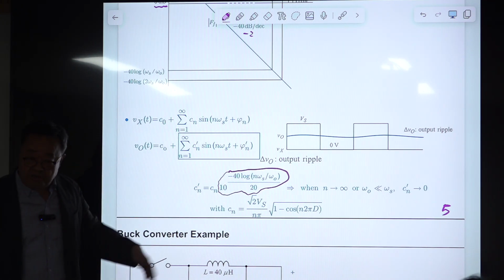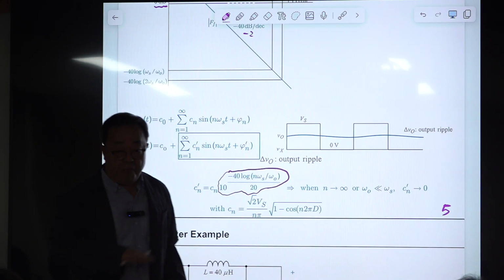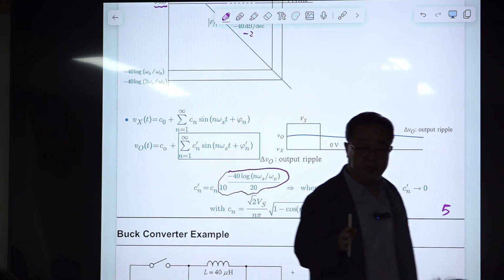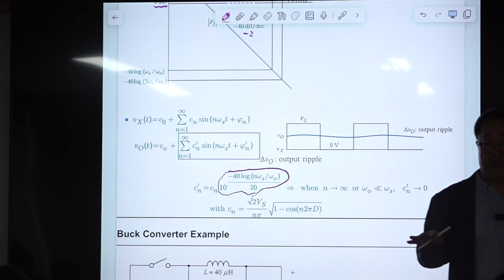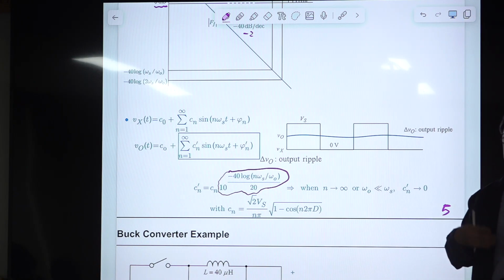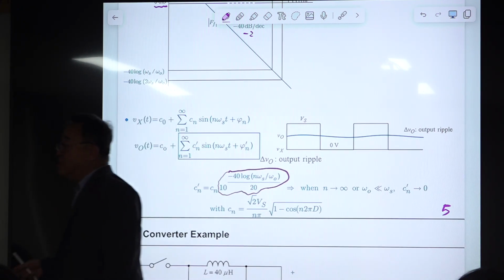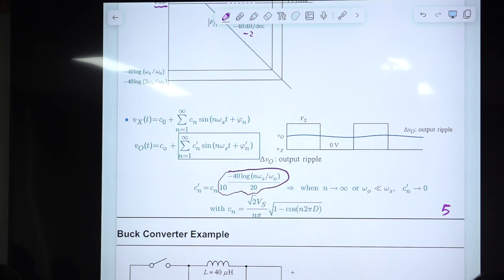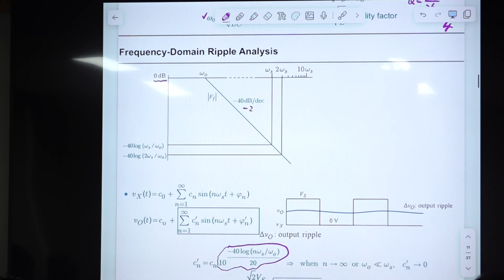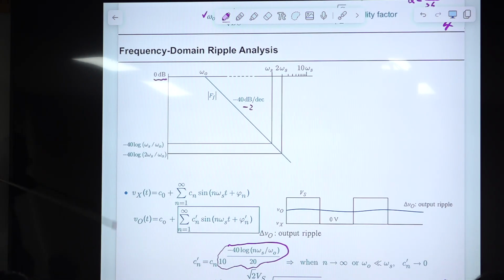Then you have the coefficient of the harmonic component in the output, and from that you can evaluate the ripple component. Usually you don't have to do this, but to understand the theoretical background of DC power conversion, maybe this practice is necessary.